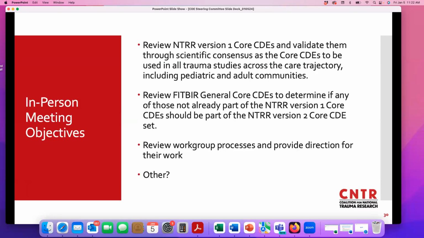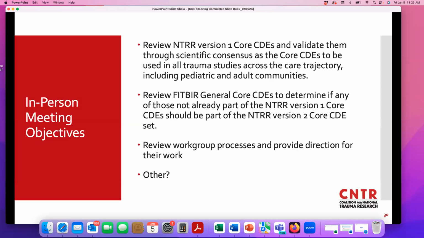These are the FITBIR core, what makes sense going forward. We'll also look at the NTRR 1 core CDEs, deciding whether those make sense, looking at FITBIR, adding any of those in as appropriate, and then moving forward we'll discuss data attributes and make sure everybody understands what that means and make some decisions about that.